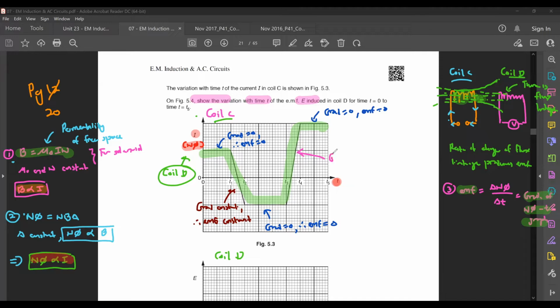This one here has a constant gradient, because you see it's a straight line, but at the same time you see it's in the opposite direction. And what can you also say about the magnitude of your gradient here?